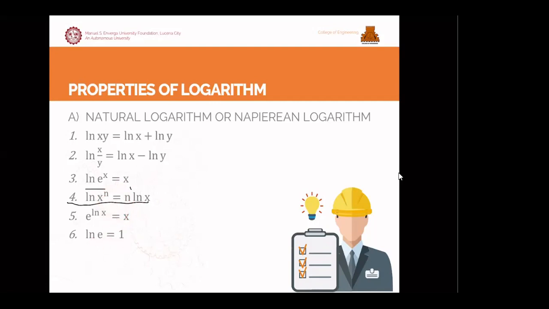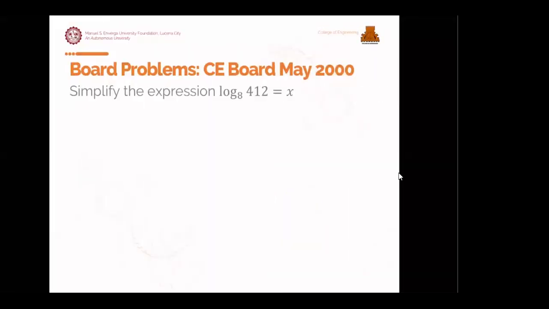Okay? So let's try na siguro. Ayan. So CE board, May 2000. So log of 412 base 8 is equals to x. Okay? So paano makuha to? So we can apply yung isang ginawa natin kanina, no?